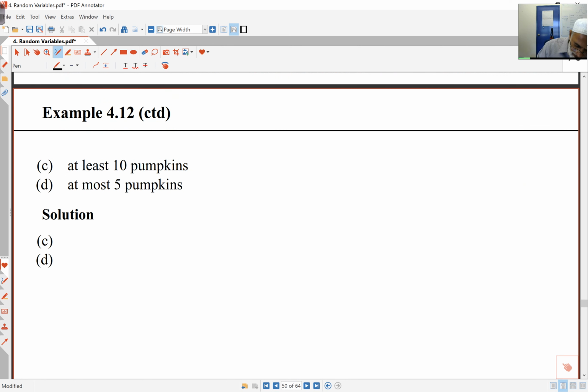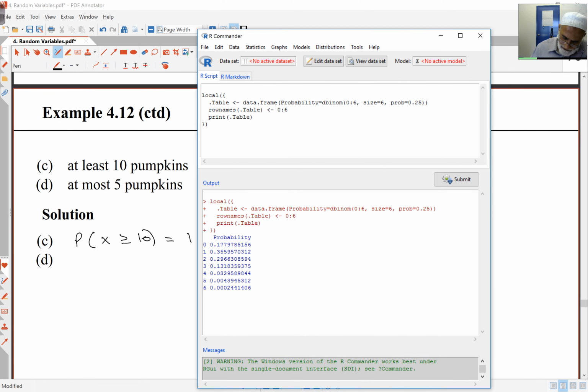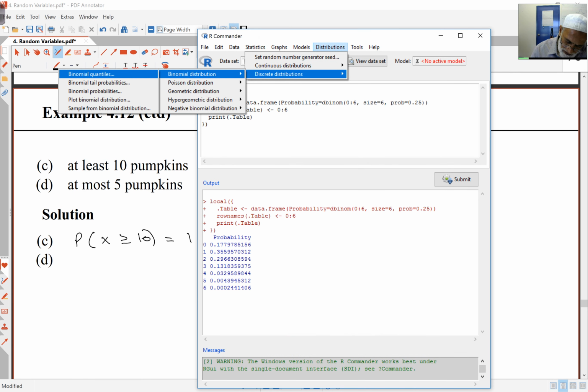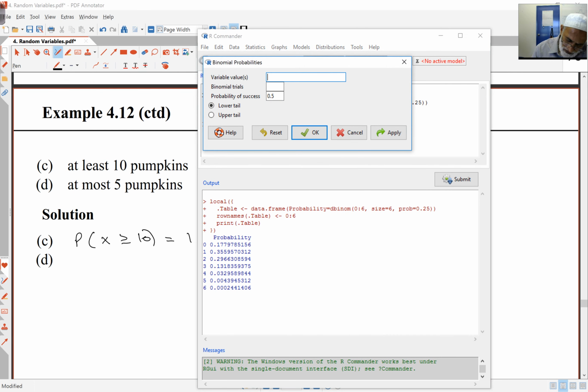At least 10 pumpkins, so that means probability of getting bigger than or equal to 10. So again, that's 1 minus probability of X being less than or equal to 9. So I'm going to use R for this. So I go to my R Commander. If you remember, when I went to distributions and discrete and binomial, I had the choice of tail probabilities. So the variable value that I want here is 10. So I'll put in 10 here.